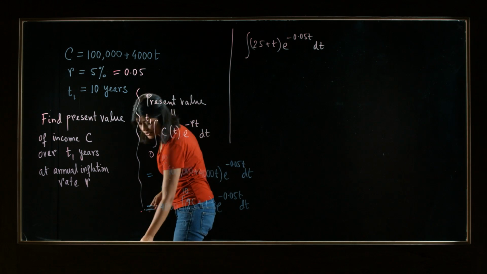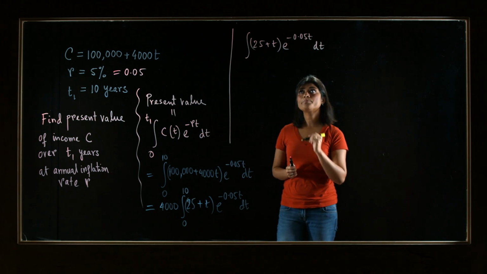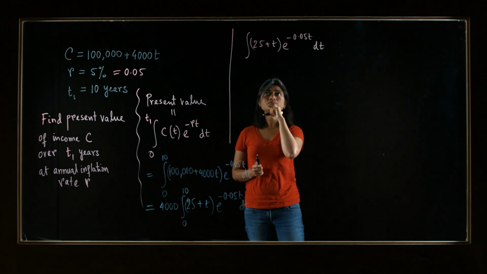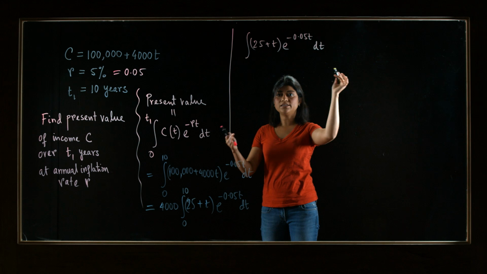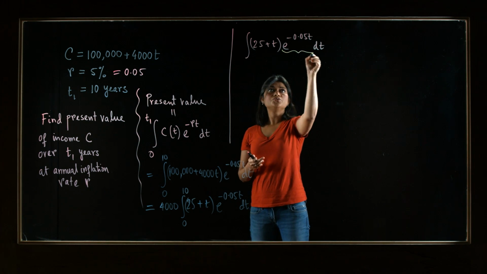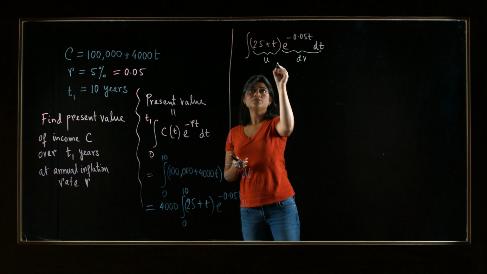Okay, so we'll be applying integration by parts, and therefore we have to choose u and dv. Now notice that since an exponential function can be easily integrated, we can choose this part to be our dv and this linear part to be u.